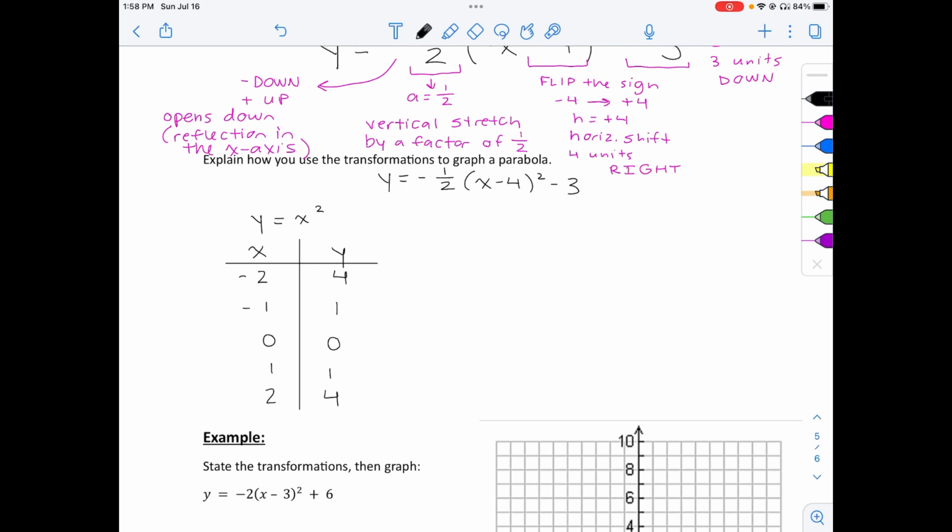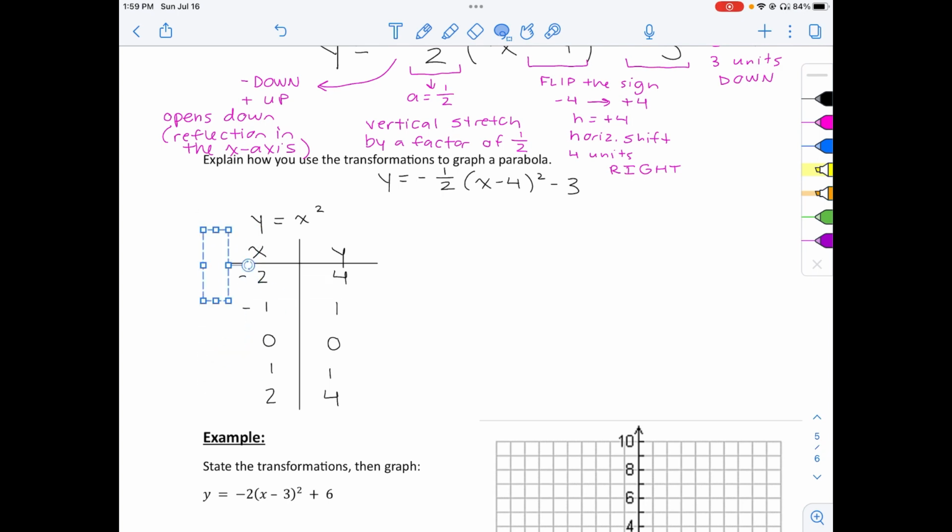Okay, so those are the base coordinates of the parent function, and I'm going to transform them to the coordinates of my transformed function, of this formula. Actually, I don't need to write that again, just so that I have space here to show what I'm doing. So I'm going to duplicate this table of values.